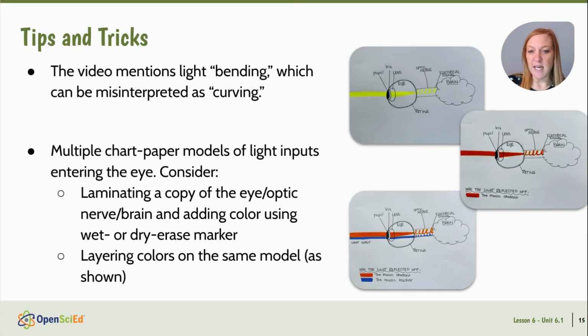When I do this lesson, I just layer colors on the same model. So when we are talking about a generic light input, I'll just use highlighter yellow and show that light going through. But then when we go to add the input from the student, I'm going to refer back to my consensus model from lesson 5 and use that same color to represent the student's input.